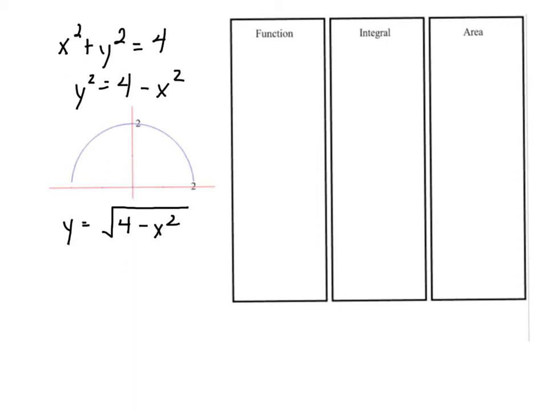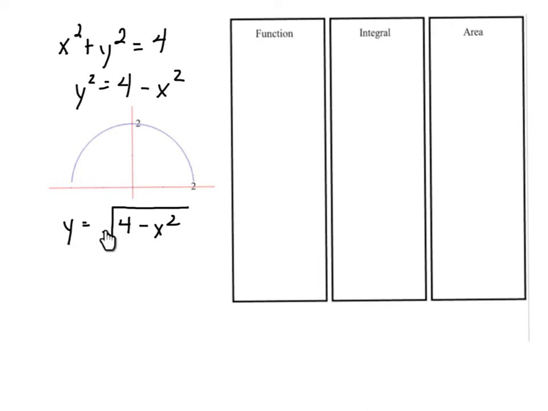Now I'm going to put a little plus or minus here, because notationally that should be there. But I'm only talking about the top half of the circle, which means I'm only talking about the positive part. So I'm going to take that out because the function we're looking at is just the positive square root of 4 minus x squared.